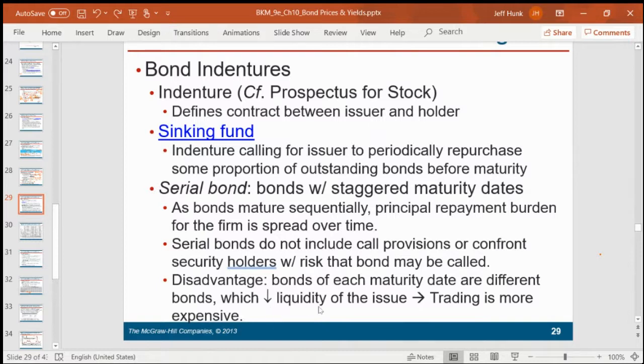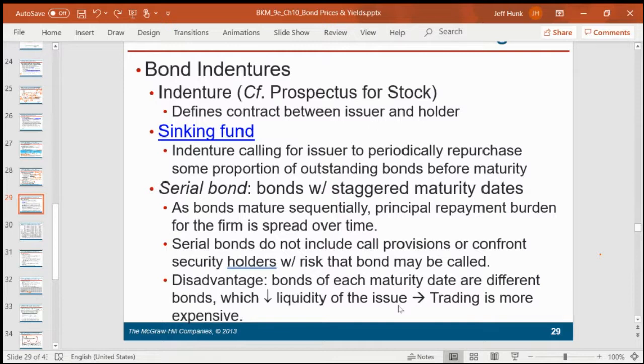so that lowers the liquidity of the issue. Now think about it: if you have bonds that fall into the serial number sequences that are retired early on, such a bond won't be very popular, right?